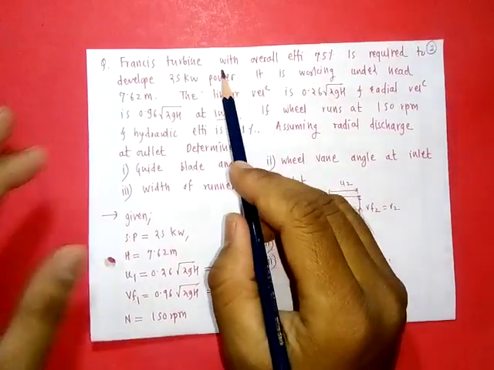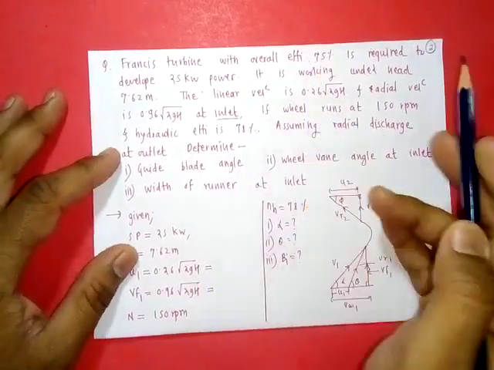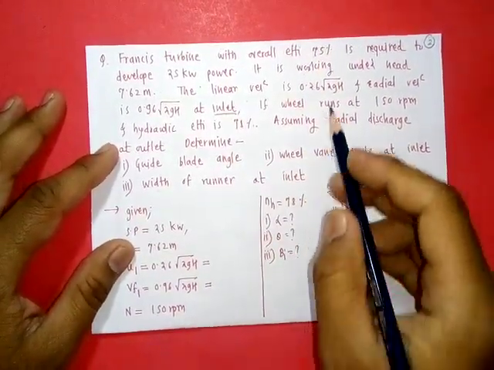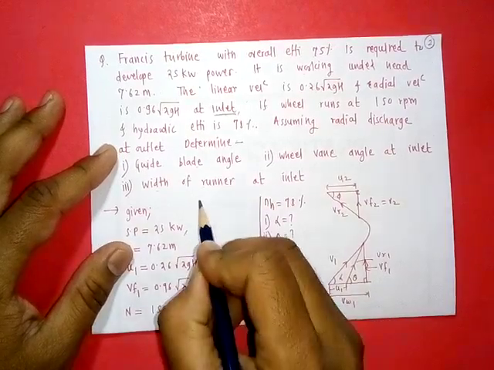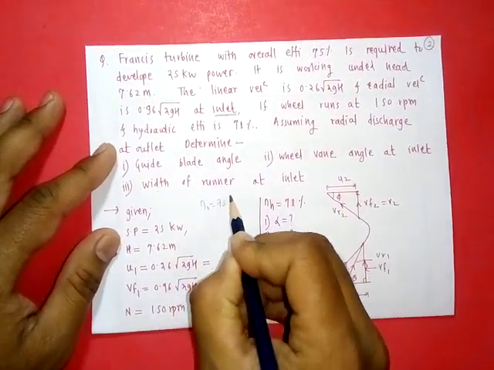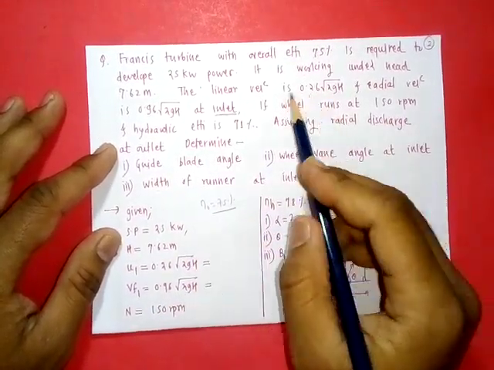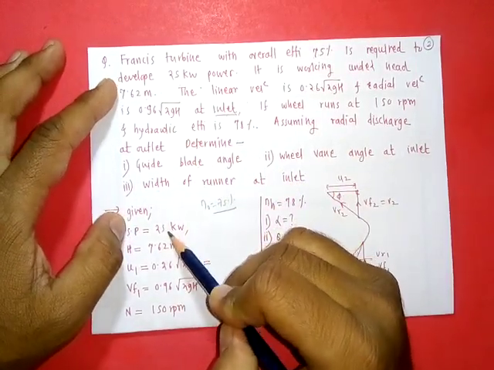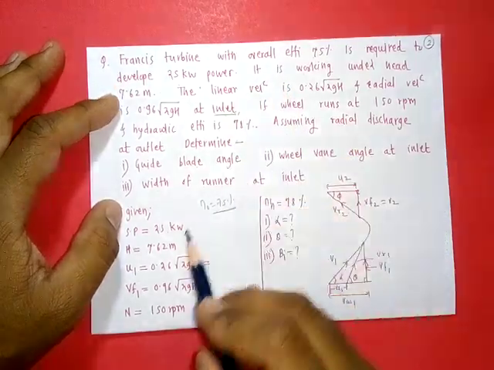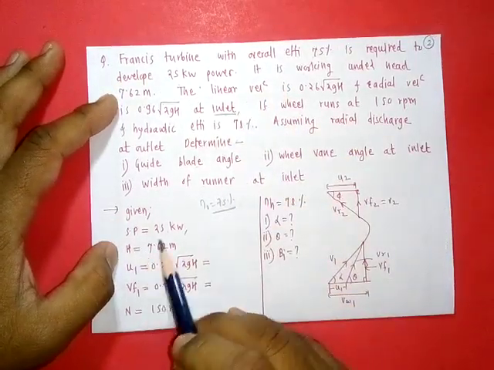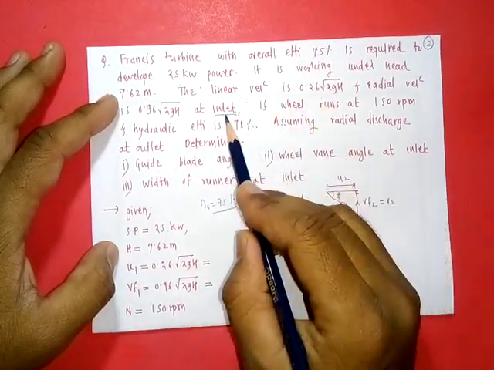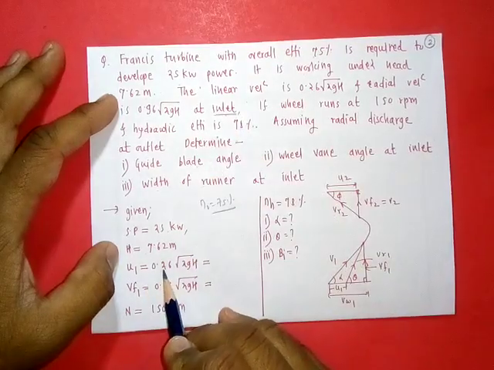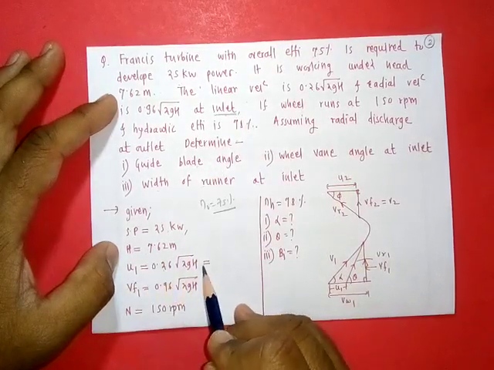First, overall efficiency is given as 75%. Then the power developed, which is the shaft power, is given as 25 kilowatt. Working under head means head over turbine is given. Then linear velocity at inlet: u1 is equal to 0.26 under root 2gh.